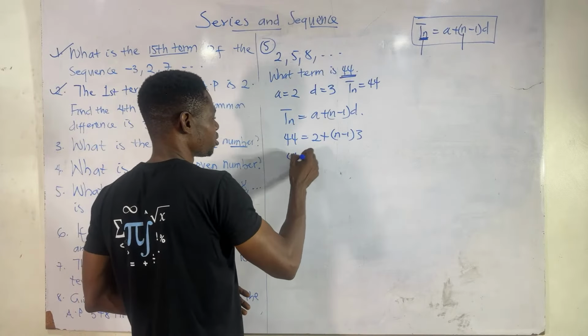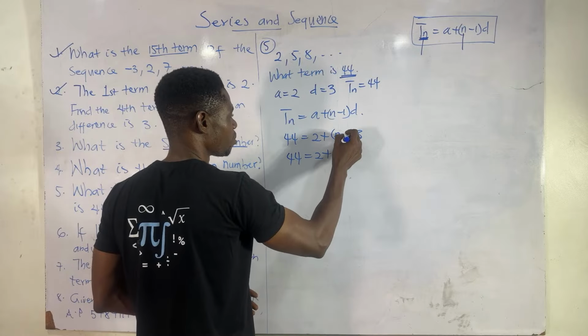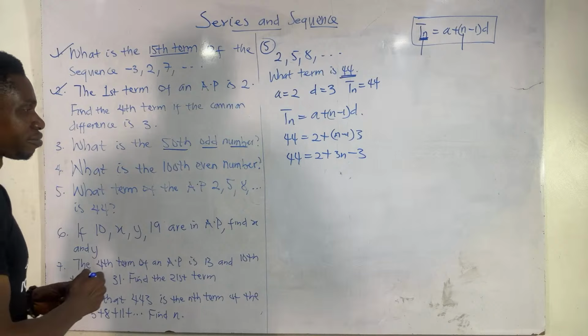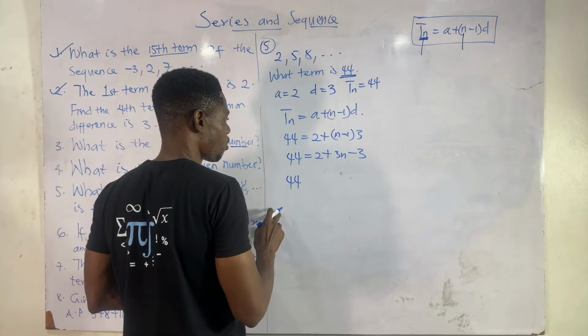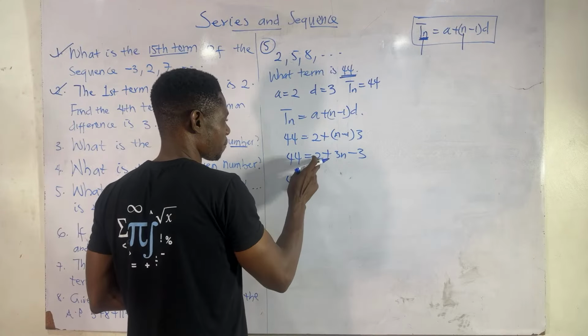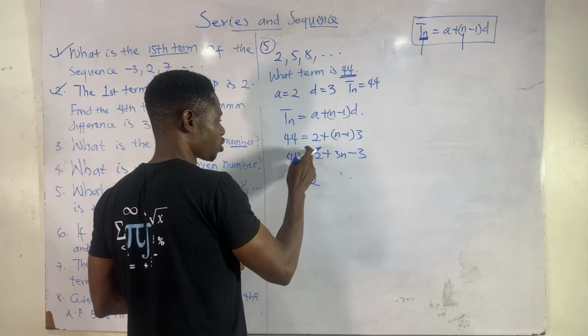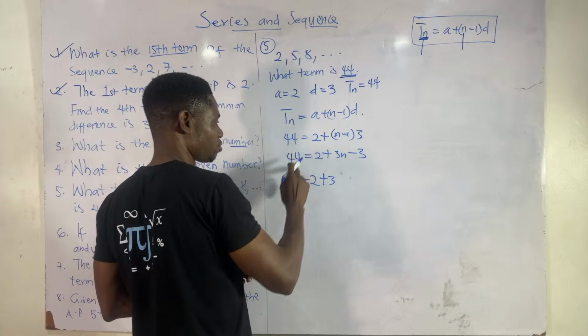So let's go. 44 equals 2 plus 3 times n minus 1, so 3n minus 3 times 1 is 3. So let's collect like terms. The positive 2 becomes negative 2 when it crosses to 44. Negative 3 becomes positive 3 when it crosses to 44.